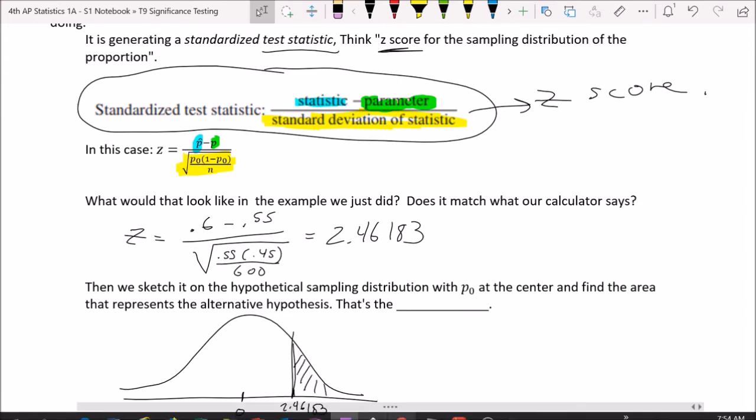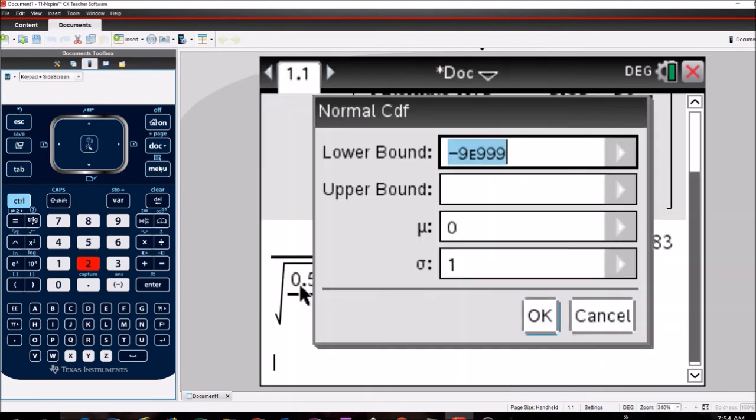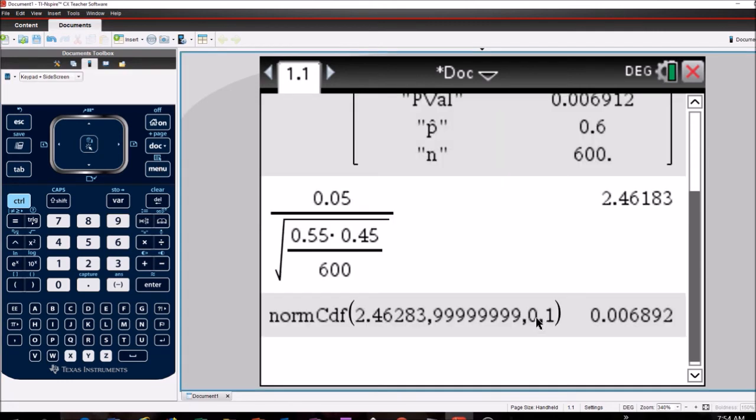So let me go back to the calculator and let's run this through a normal distribution and see what happens. Remember your shortcuts, menu 5 5 2 for a CDF. 2.46183 for my lower bound, infinity for the upper. Let's see what we get for that value. 0.006892.